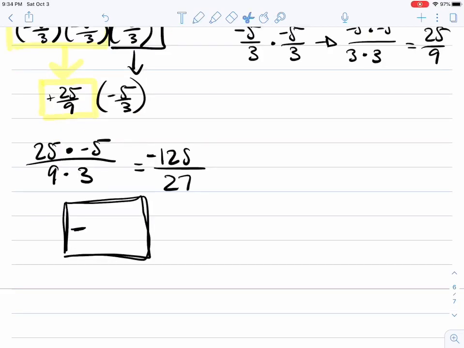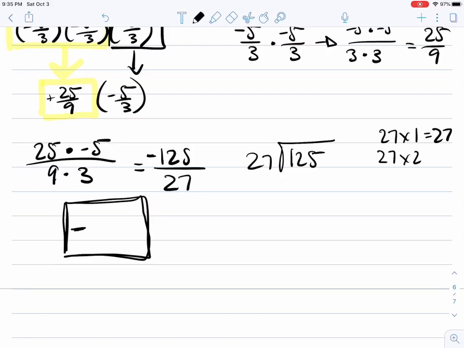Okay, so now we want to simplify. We're going to do 125 divided by 27. And when we're doing division like this, it's really helpful to have a list on the side, so we kind of have some numbers to choose from.